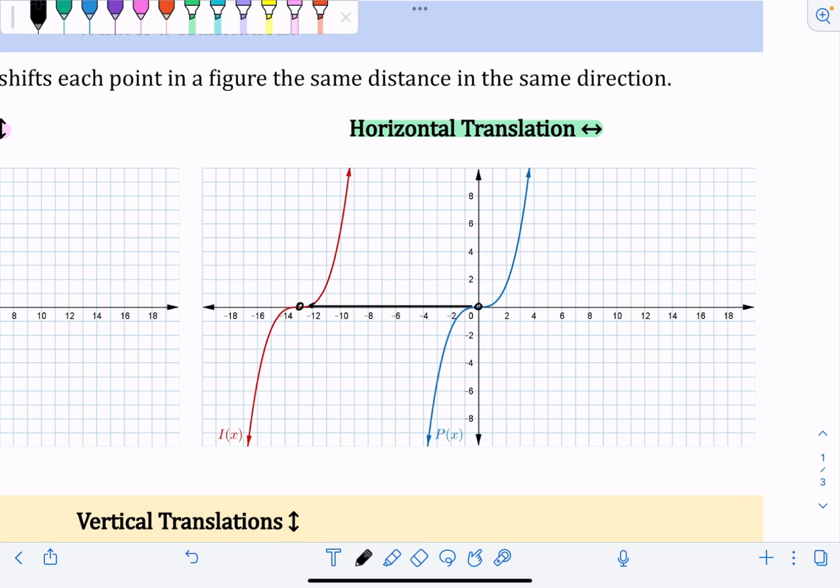That means all of the points on p of x are going to move 13 units to the left to get I of x. So let's say this one right here moves over 13 units to the left. Let's say this point right here, same thing, moves over 13 units to the left. And what that does is it just shifts the graph to the left without changing the shape or the orientation of the graph.